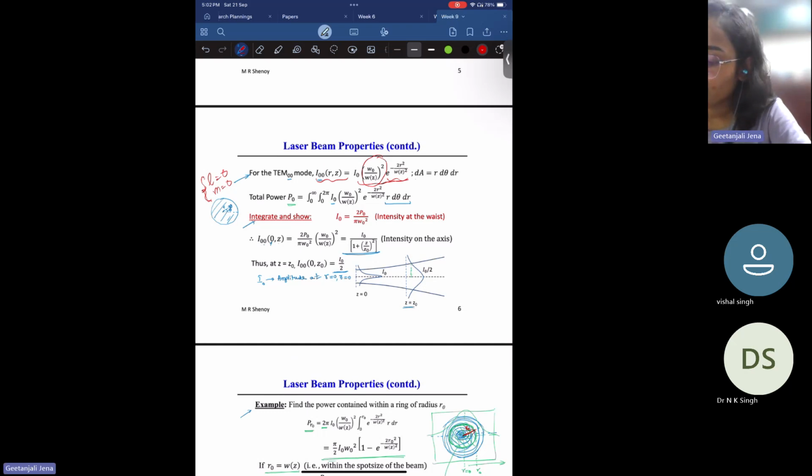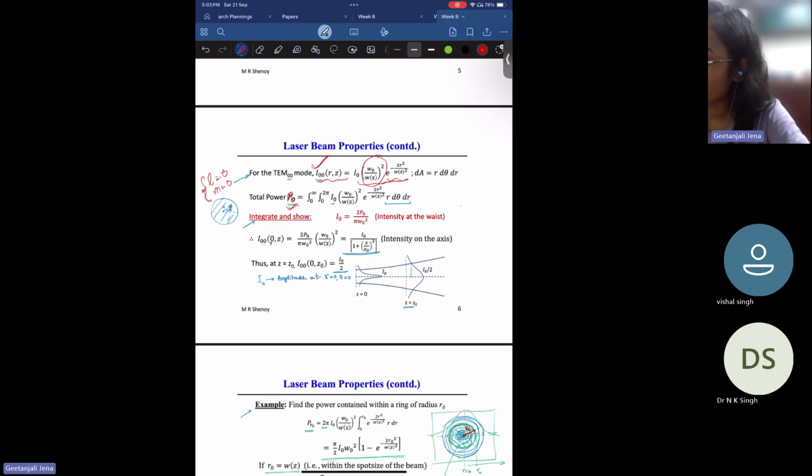Now we know the intensity distribution of the TEM00 mode. If you want to find the power, we have to integrate over the active region. Let's say we want to calculate the power P0.